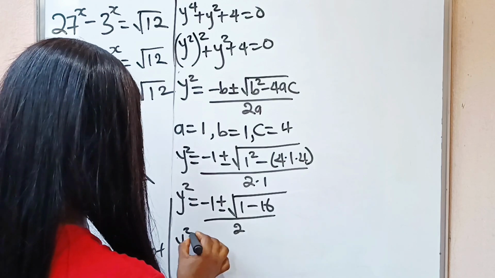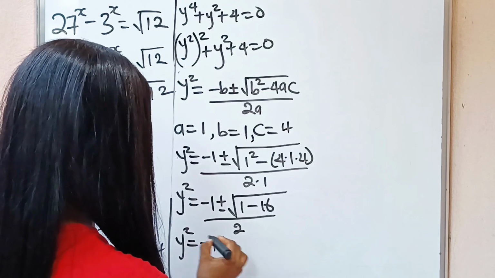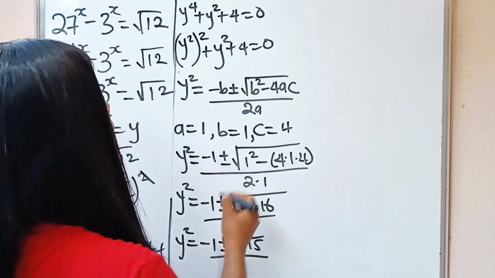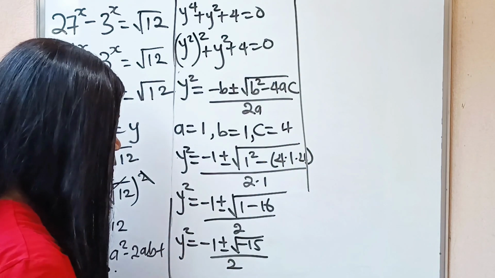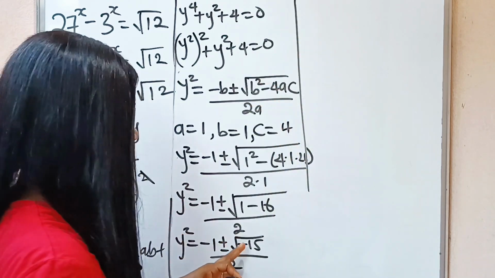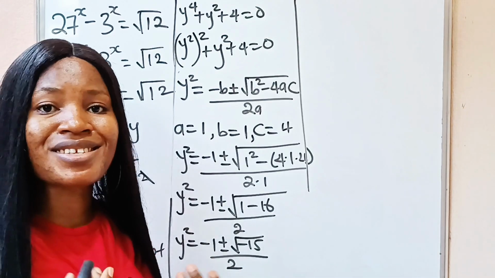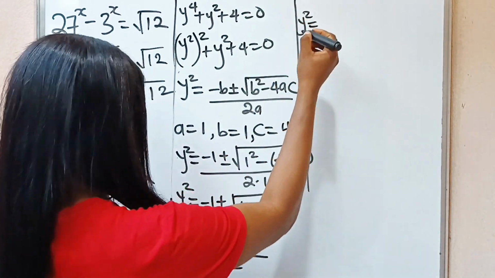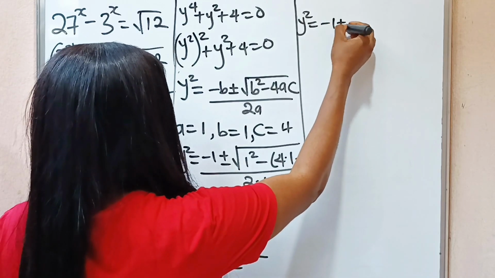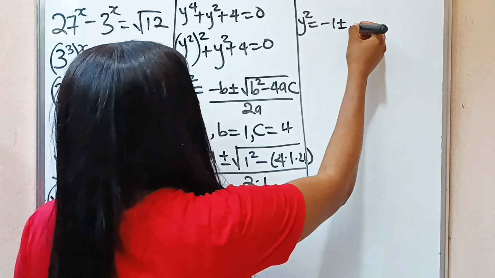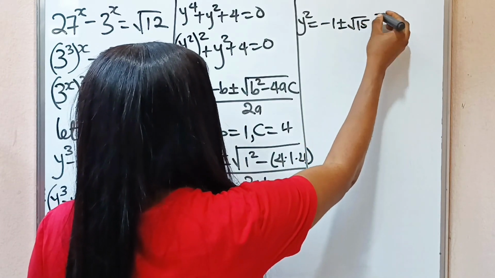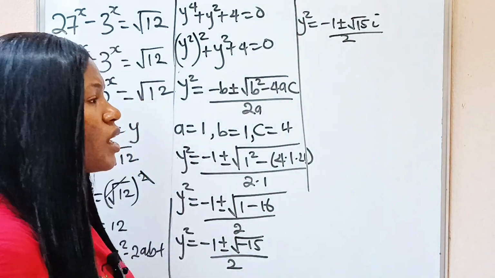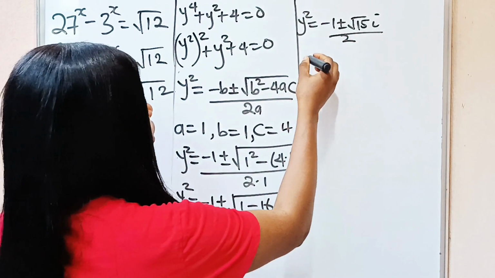So we have that y squared is equal to minus 1 plus or minus the square root of minus 15, divided by 2. Now recall that the square root of minus 1 is i. So we can rewrite this as y squared is equal to minus 1 plus or minus the square root of 15 i, divided by 2.